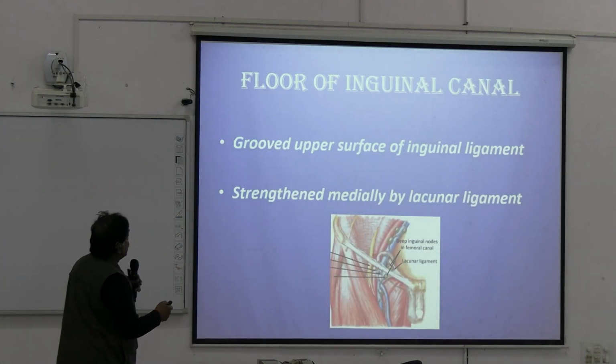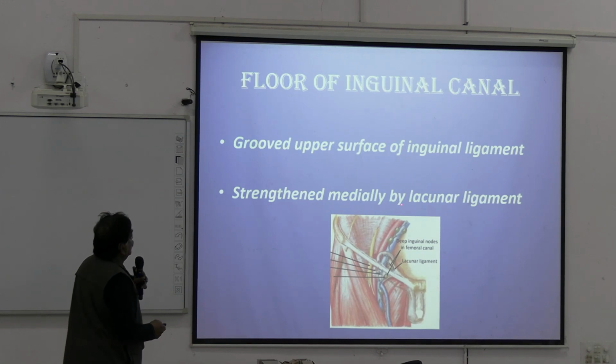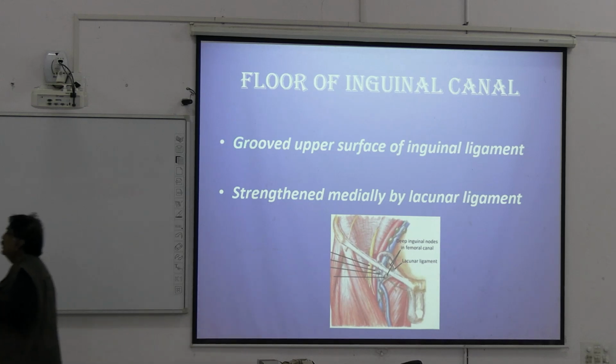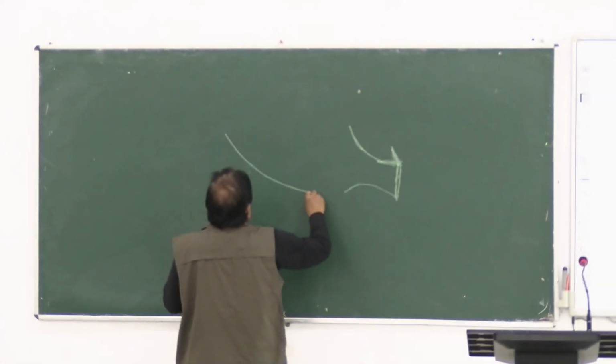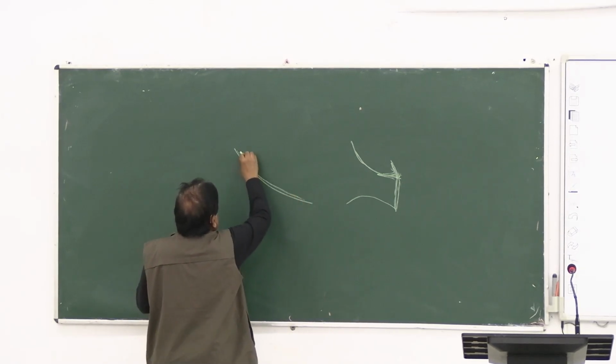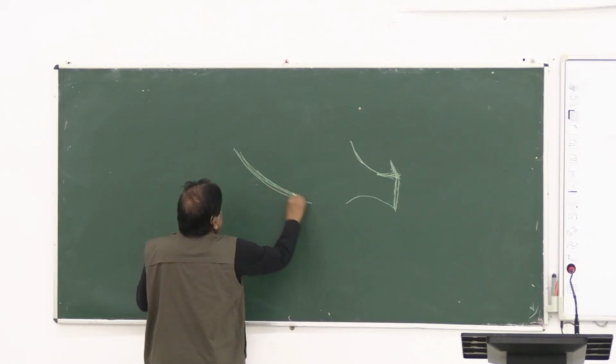Now, floor of the inguinal canal: the grooved upper surface of the inguinal ligament, strengthened medially by the lacunar ligament. Now, the inguinal ligament, you see, it will be like this.